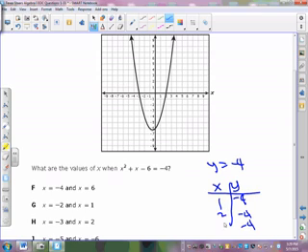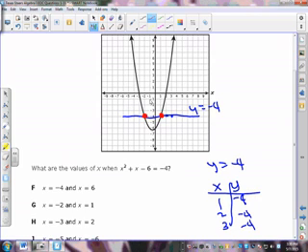You can choose any numbers you want for x. So you have 1, -4, 2, -4, 3, -4. So this is y equal -4. And you have 1 when x is 1, and also x is -2, is where the parabola that they gave us was equal to the line y equal -4.